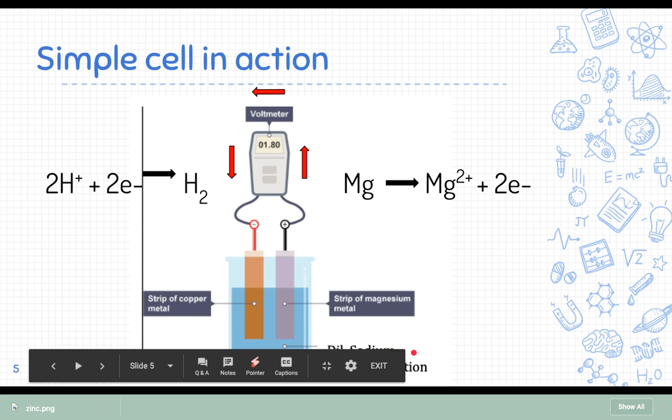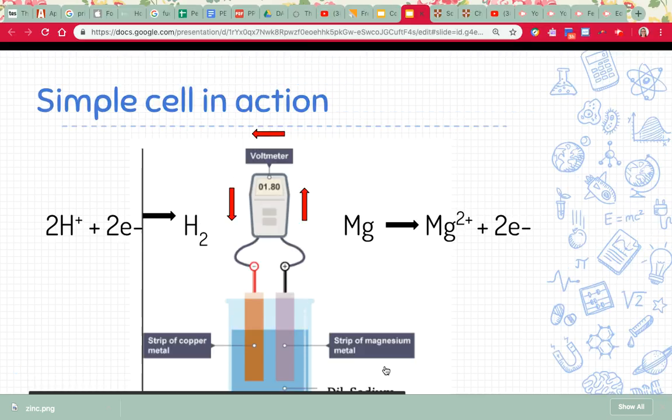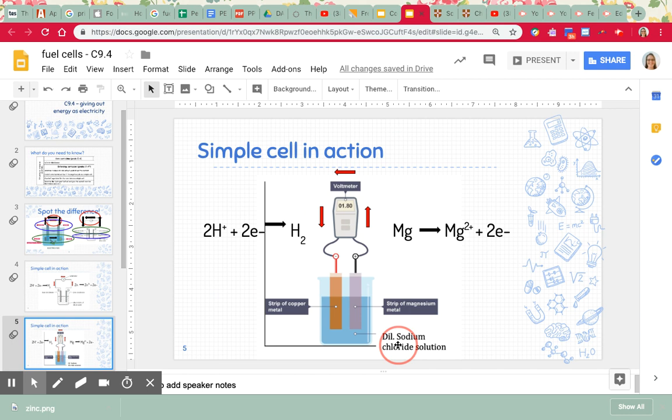If we have a look down here, instead of an acid, we've got our dilute sodium chloride solution. We're just going to use our simple rules to see what's going to win the day out of the positive ions.